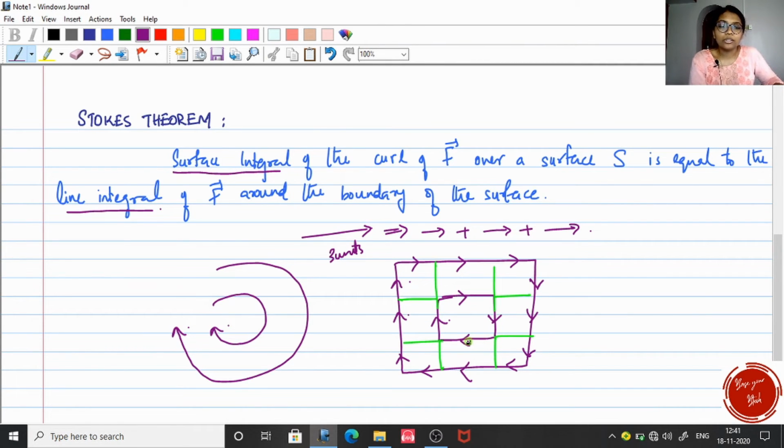Okay, so now for each surface, as I've said, the complete square is your complete surface. So for each individual unit surface, let us see how many vectors are going to curl. Here you can see that for this unit surface, 2 vectors are curling, or having a difference in their direction.